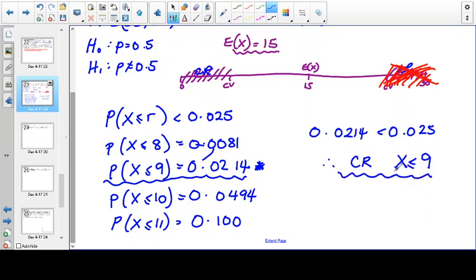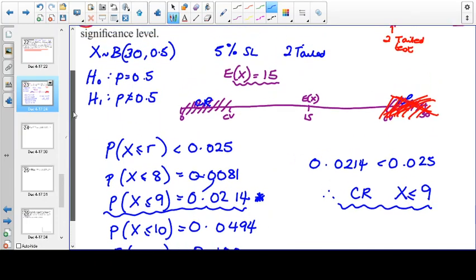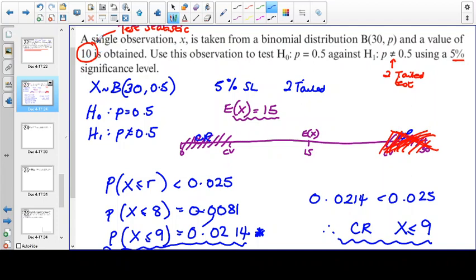Okay, so we've identified the critical region. Now then, we have our test statistic. So we now know that this is 9. And our test statistic does not fall inside that critical region. Because that test statistic doesn't fall inside that critical region, that means we cannot reject that.